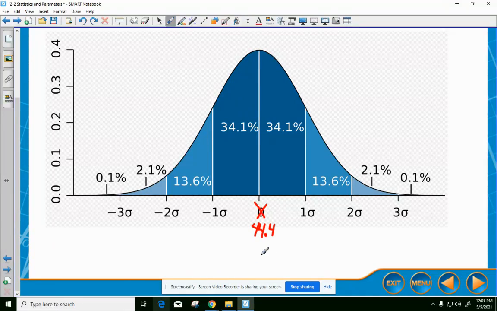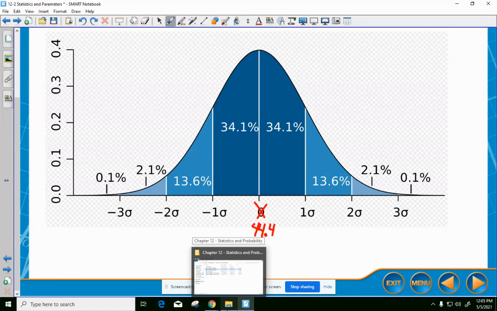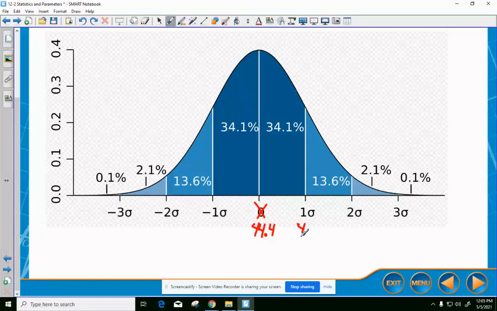So 5 units higher would be a score of 49.4, and 5 units less would be 39.4. All right.